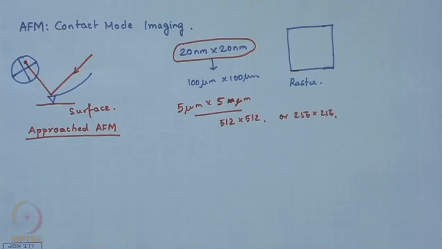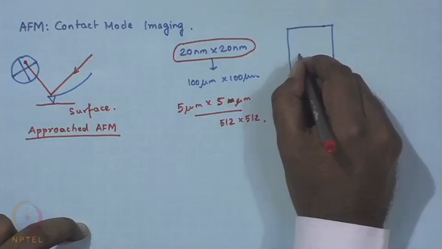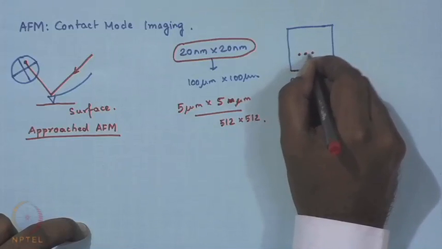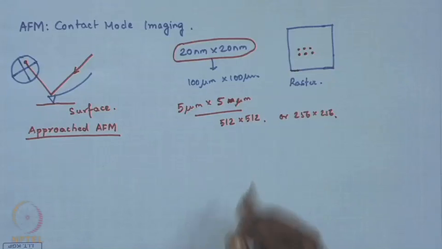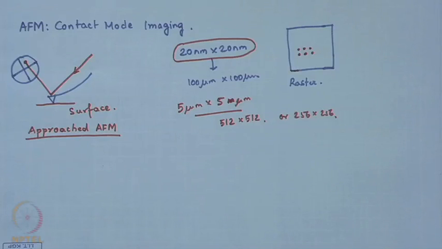So, you understand that the gap between two subsequent points or two subsequent lines is very, very small. In this particular case, for example, the gap is of the order of 40 nanometer or 20 nanometer, let us say. You can just calculate, just divide 5 micron by 256 and you will get the number. It turns out, as per my mental calculation, to be close to 20 nanometer.